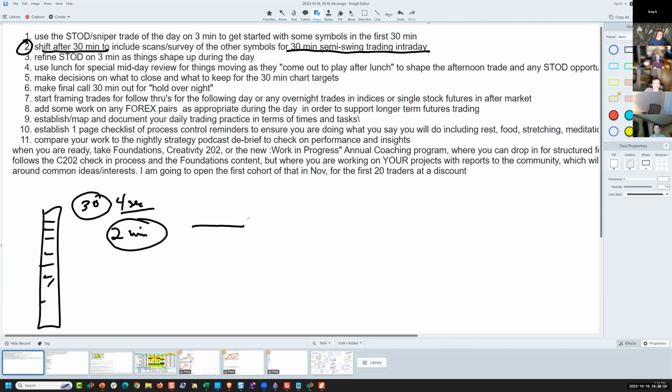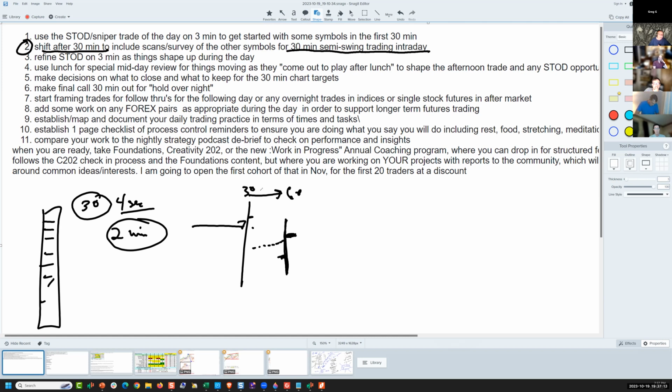So when the candle closes at 30 minutes in, the next time that bar closes is at 60 minutes. So I have 30 minutes from the time this bar closes, and this is the live bar.